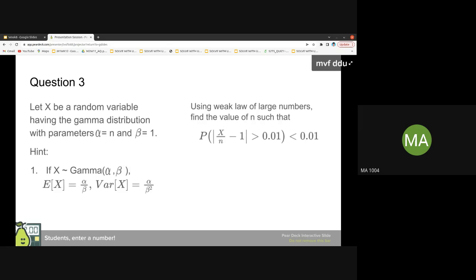Now using weak law of large numbers, find the value of n such that the probability that mod of X by n minus 1 is greater than 0.01 is less than 0.01. In week 7, I hope you have gone through what is the weak law of large numbers.